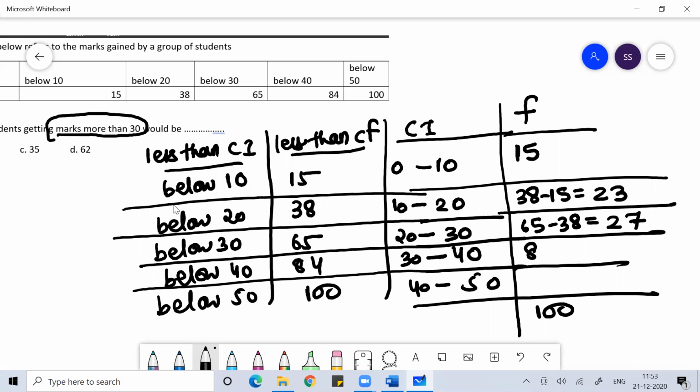Then next one is 84 minus 65, then it is 19, then it is 100 minus 84, then it is 16. So this is normal class interval with normal frequency.